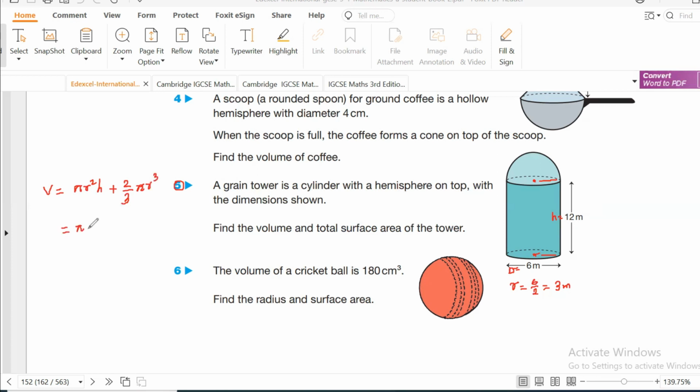Pi, 3 square, the height of the cylinder is 12, plus 2 over 3 pi. The radius of the hemisphere is also 3 meters, so 3 cubed. Now we can check all this in the calculator straight away.